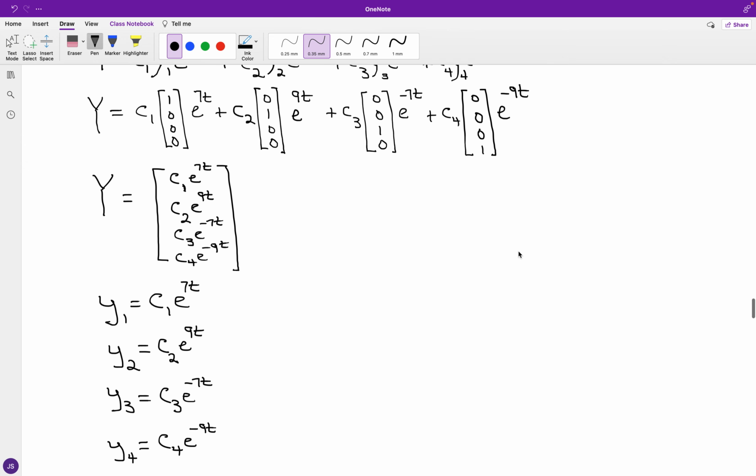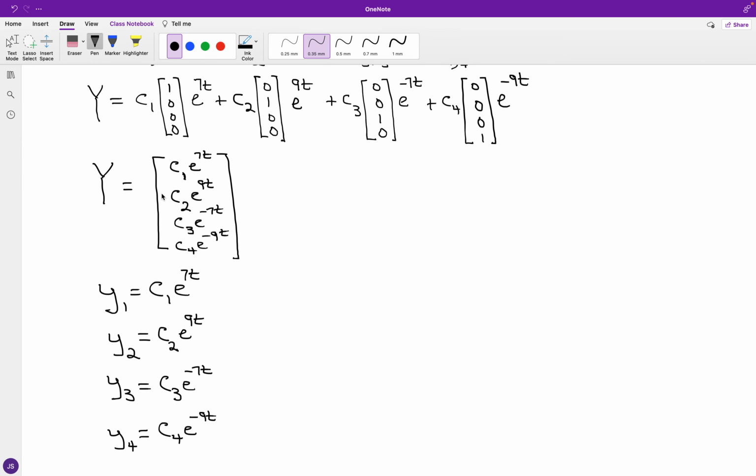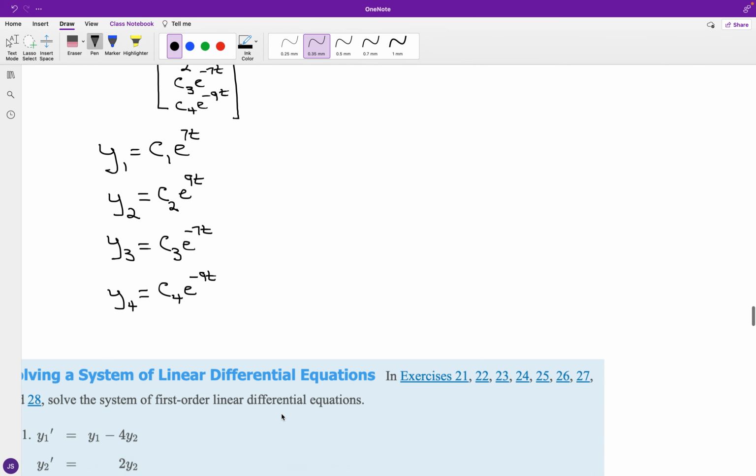And combining the terms, for the set we have y sub 1 equal to c sub 1 e to the 7t, y sub 2 equal to c sub 2 times e to the 9t, followed by y sub 3 equal to c sub 3 times e to the -7t, and y sub 4 equal to c sub 4 times e to the -9t.